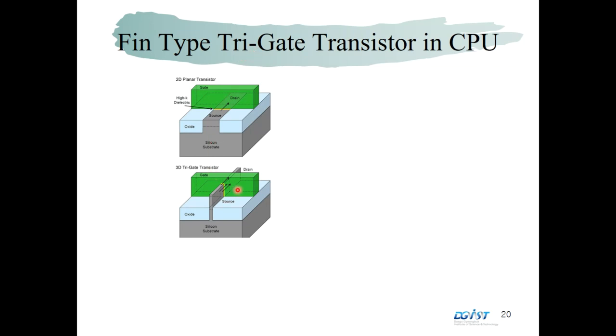This is, in other words, called the fin type. So there is a source and drain, but in order to increase the contact area of the gate, they make a three-dimensional structure. They even made a more complex structure. They are all three-dimensional structures.